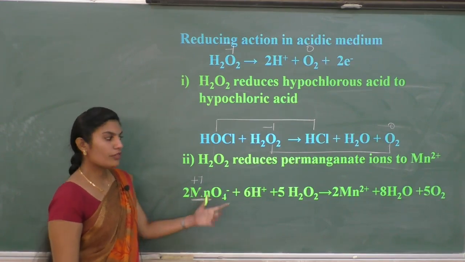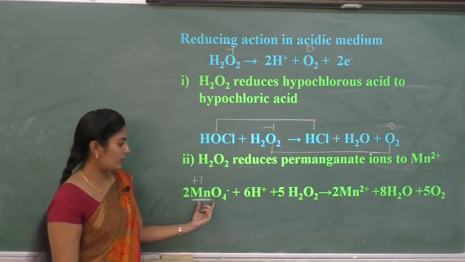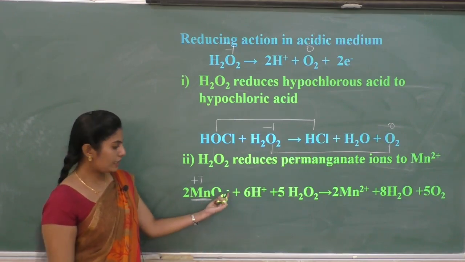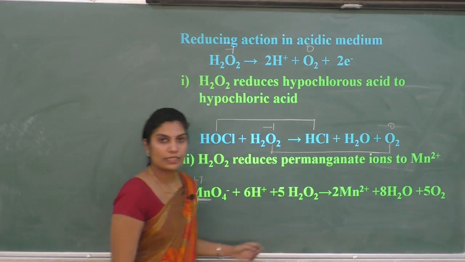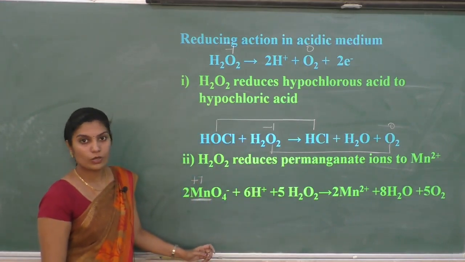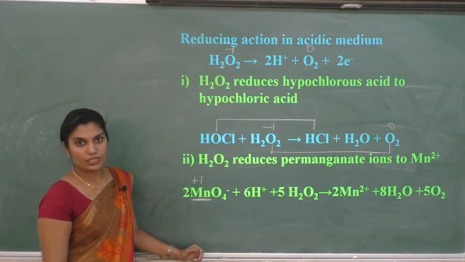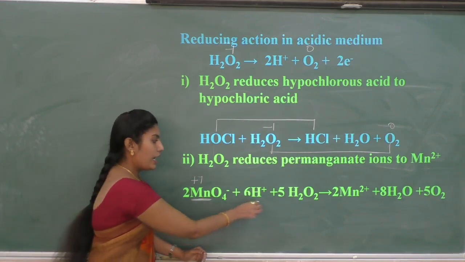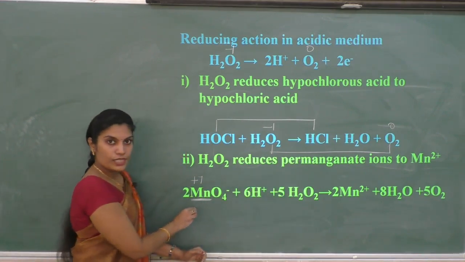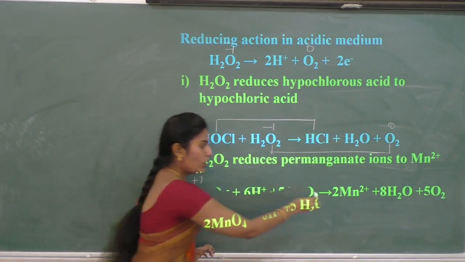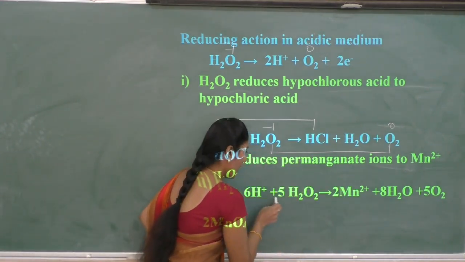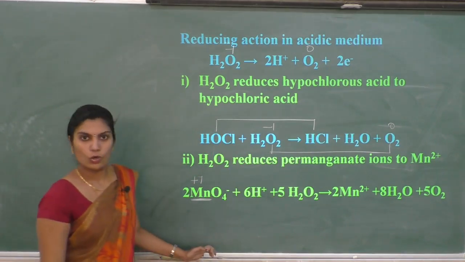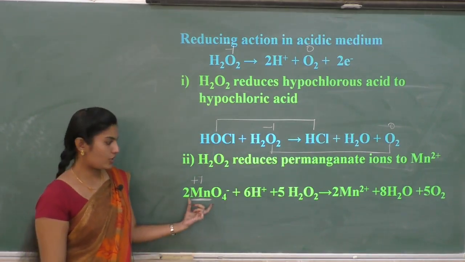Or, simply put, here MnO4- becomes Mn2+. That means there is a loss of oxygen. Loss of oxygen is also nothing but a reduction, isn't it? This H2O2 reduces MnO4- to Mn2+ and itself oxidizes to O2 in this reaction.